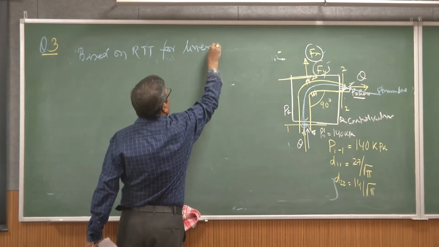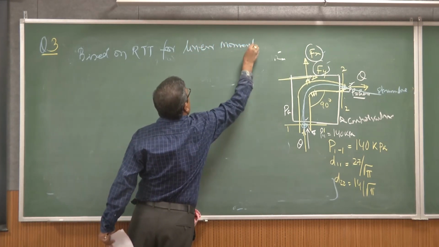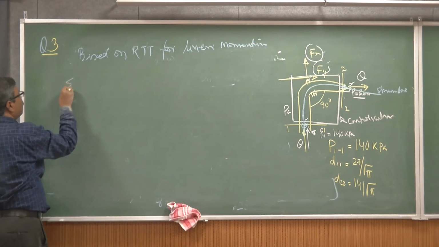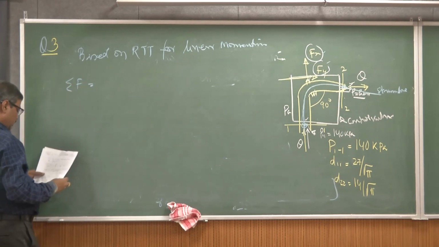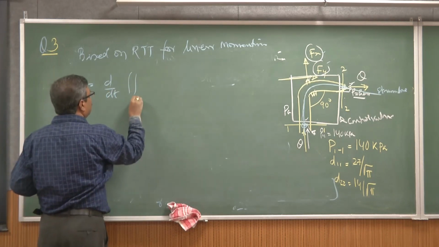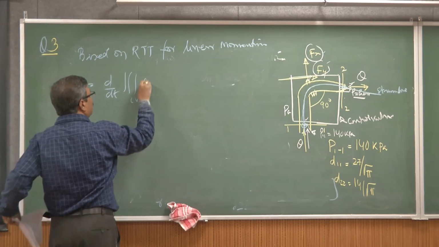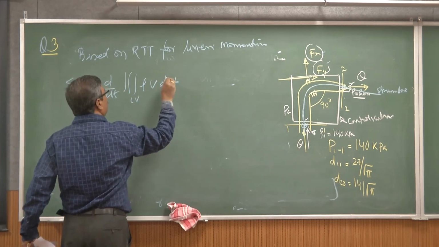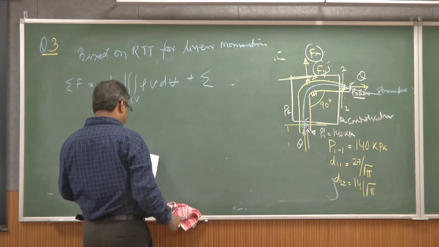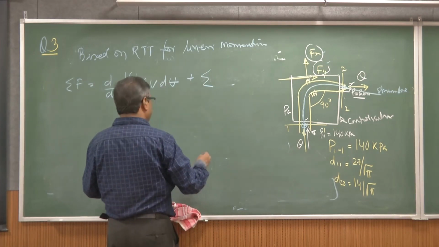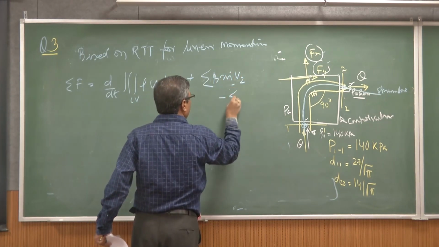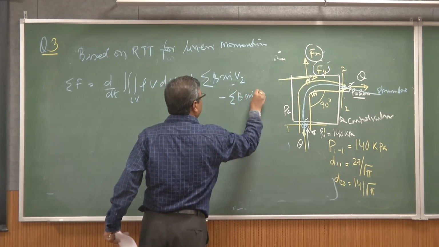the linear momentum equation. We can write that the sum of the forces acting is equal to the time rate of change of momentum, plus, since it's one inflow and one outflow, we'll have beta m dot V2 minus beta m dot V1.